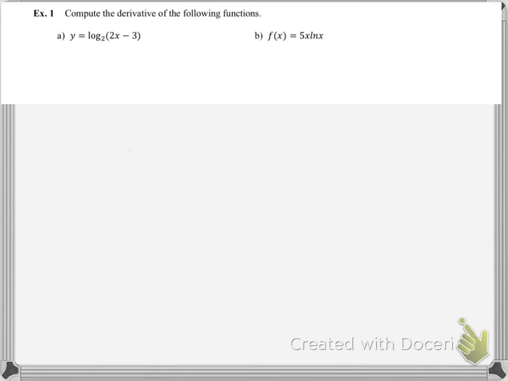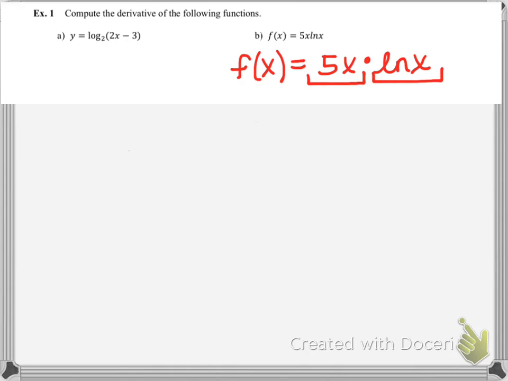Example B, our function is f of x is equal to 5x times natural log of x. So we notice we have a product here. When we're multiplying the quantity 5x times natural log of x, the 5 is just a constant multiple, so I'm going to think of the 5x as my first factor and the natural log of x as my second factor, so I'm going to use the product rule here.